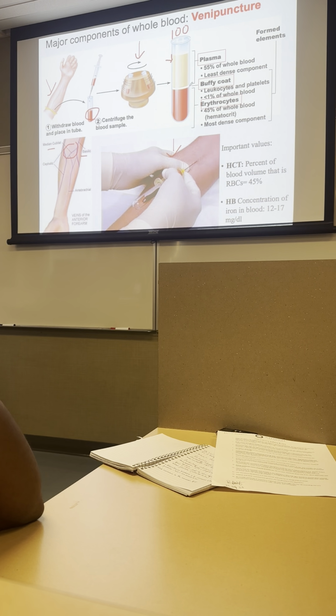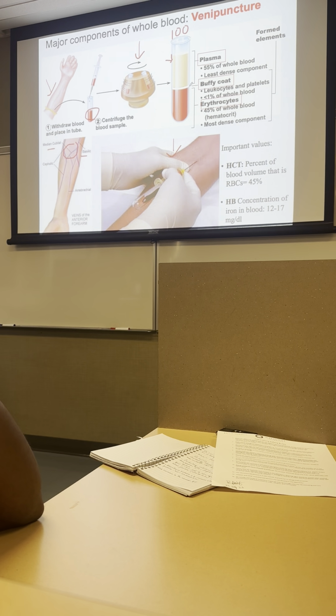You guys see that? And I don't know why students always get this wrong if I say it like 9 times. Are your platelets in plasma? Yes or no? No. Where are your platelets? In the buffy coat. Are your white blood cells in plasma? No. Where are they? The buffy coat.